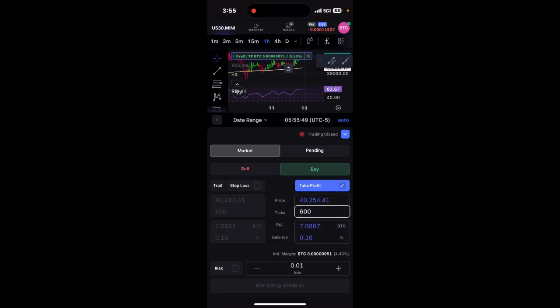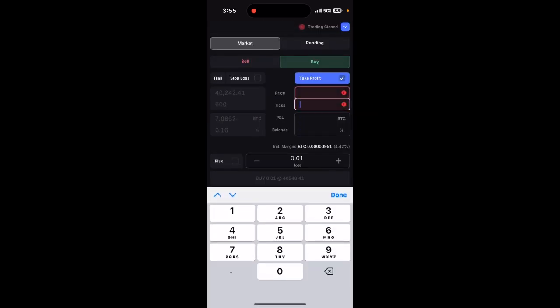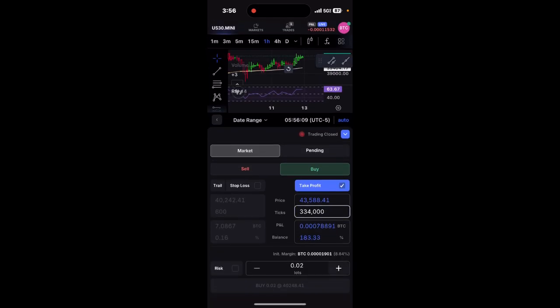So we're real quickly going to look at the same number. We're going to do it at 0.01 with the tick number we had. So with doing it on the mini, the same thing, 334,000 ticks, you would make 0.00039 Bitcoin.